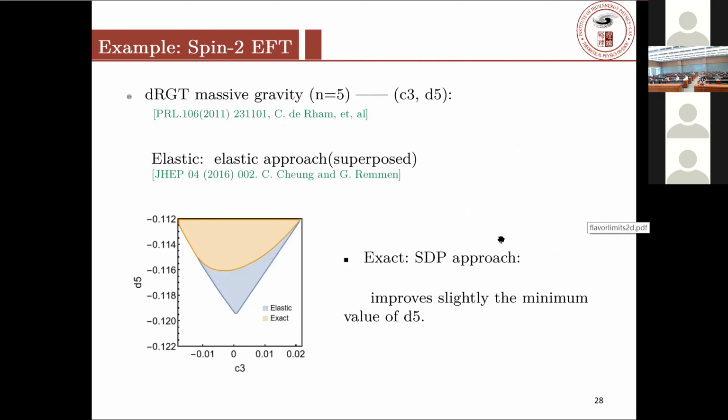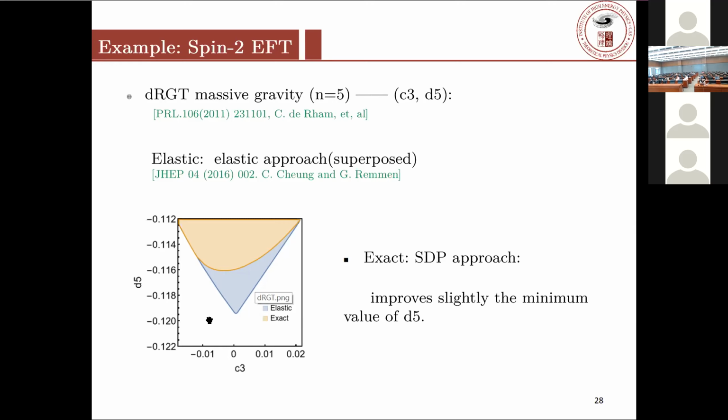The third example, we are going to consider the famous dRGT massive gravity theory. This will contain only one massive graviton, meaning that the theory will contain 5 independent modes. So by the proper choice of the parameters, we can find there are only 2 independent parameters, c3 and d5.